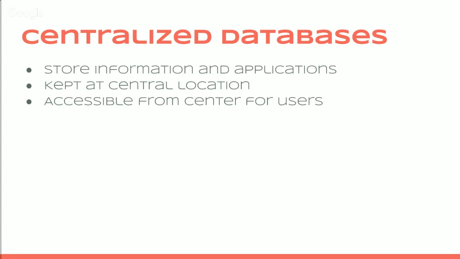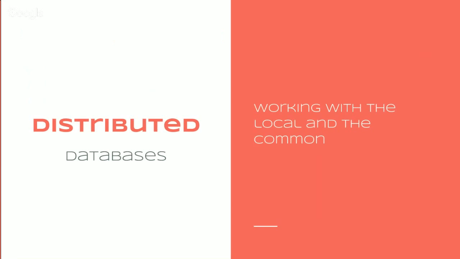So imagine a huge company spread across the country is going to have a bunch of operational databases. All that information will get pushed into a centralized database, which will be stored at one central location, and it's accessible from there to the users. And that's how you'll be able to view all of the data on the databases at the same time.